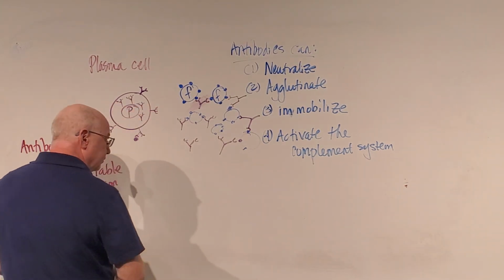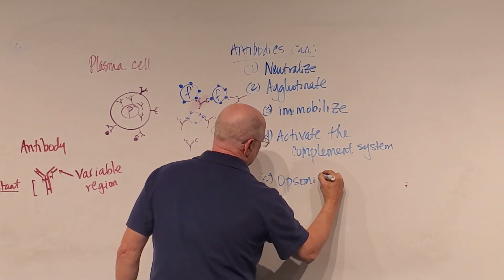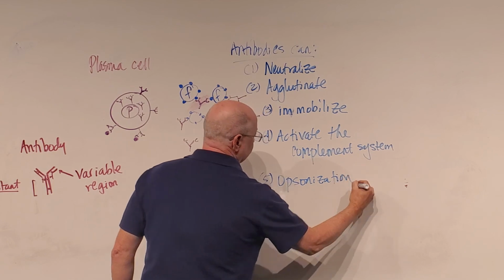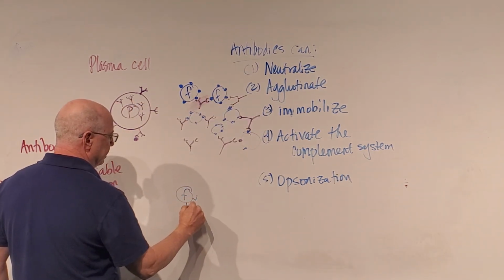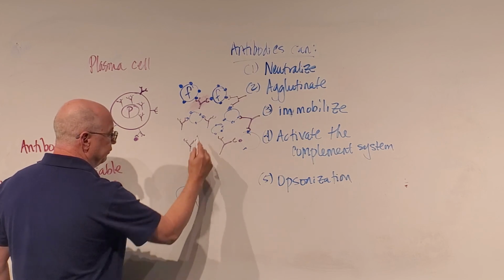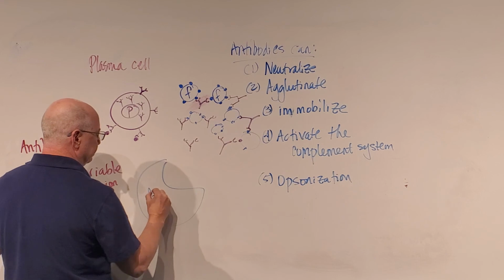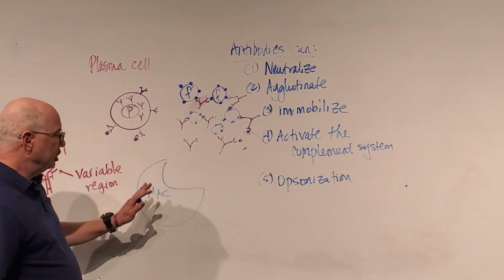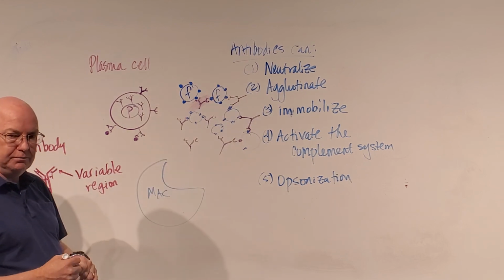Okay? And finally, they can play a role in opsonization. If I have a group of foreign cells coated with antibodies like crazy, macrophages and other white blood cells, but particularly macrophages, love to gobble up any cell that's coated with antibodies.